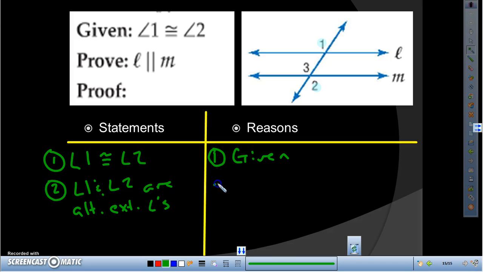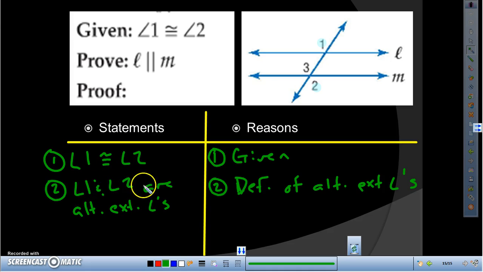So what would be my justification then for that statement? It's just the definition of alternate interior angles. Not interior, exterior. Okay, so the definition of alternate exterior angles is my justification for my second statement.